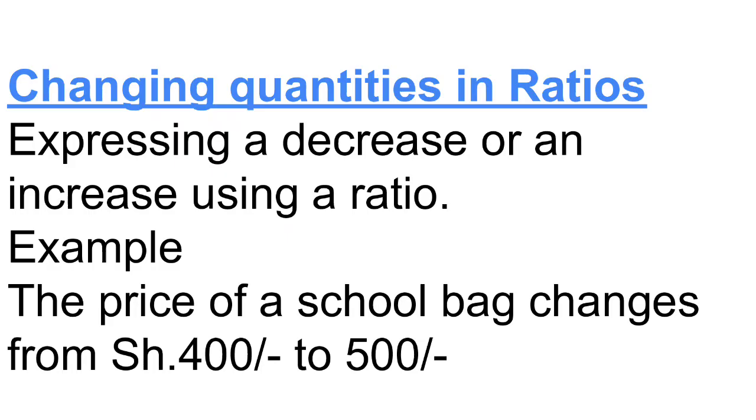Let's now move on to changing quantities in a ratio. Now this involves an increase or a decrease in a ratio. Okay, let's look at an example. The price of a school bag changes from 400 shillings to 500 shillings.